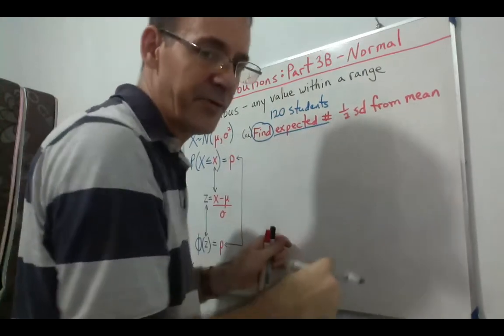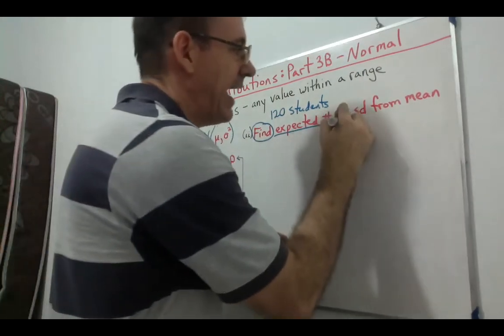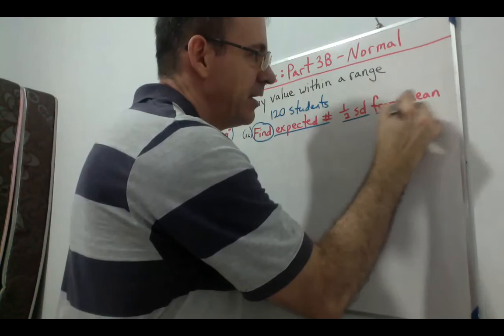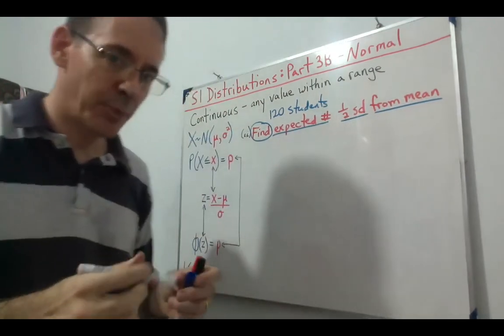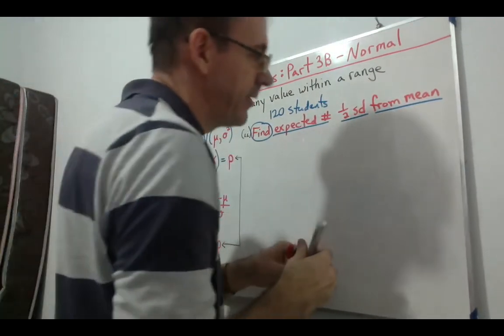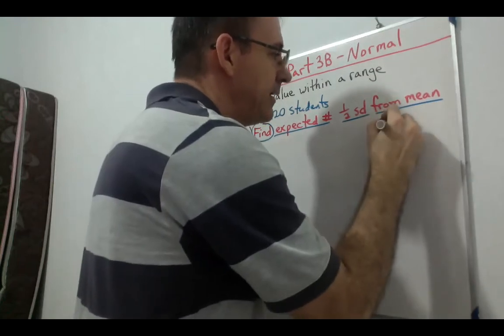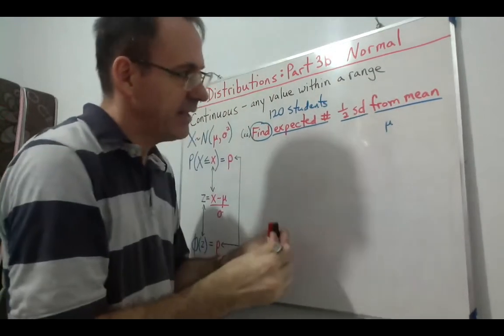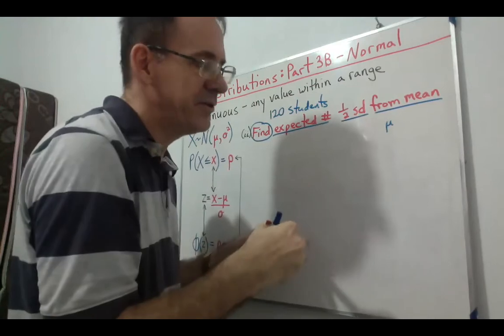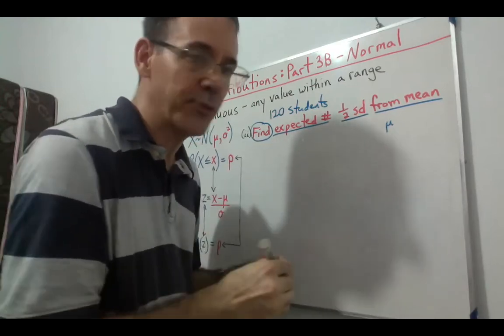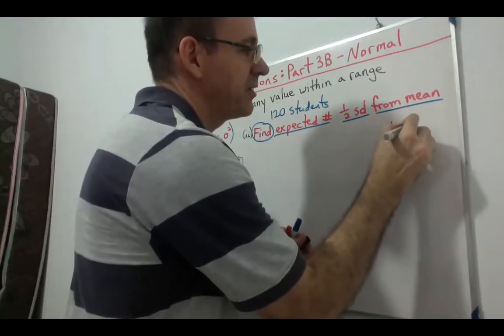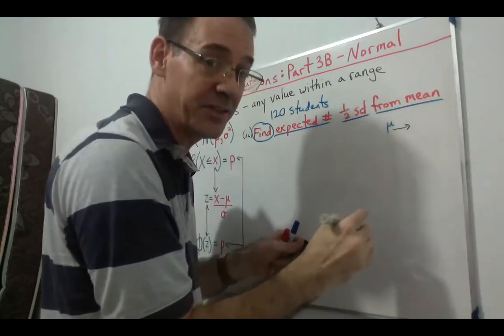And this is the information it gives. It says a half a standard deviation from the mean. What's important for you to understand here is that your mean is the average, and your half standard deviation needs to go both directions. So it needs to go this way. That's the positive direction.